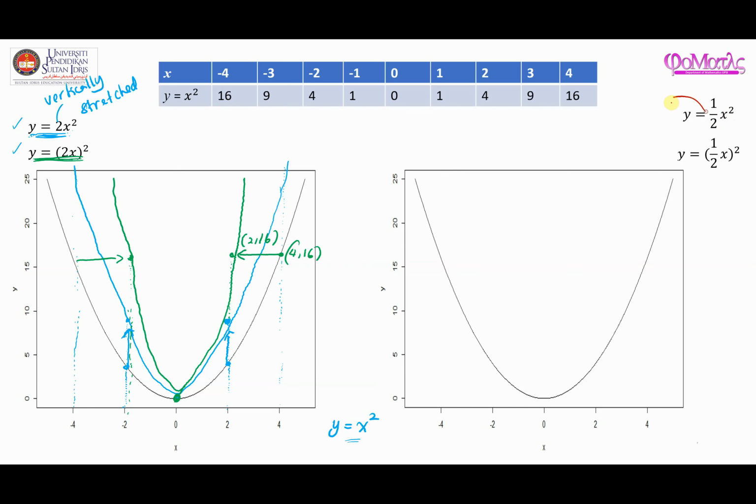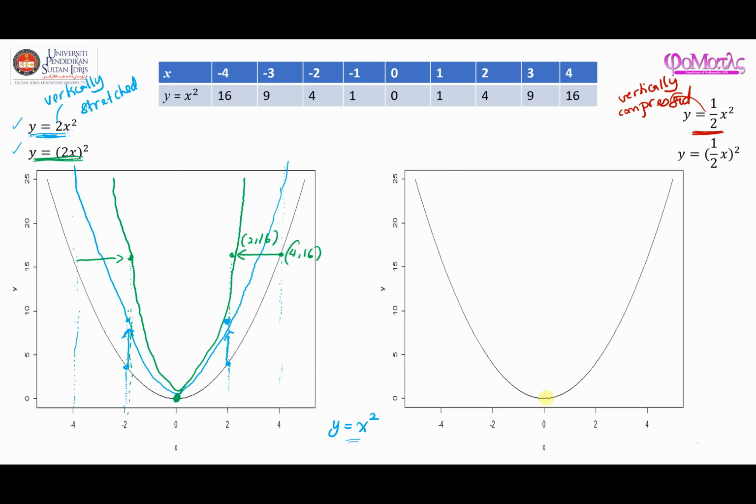That means you're talking about vertically compressed. And this one, 1 over 2 is inside the function itself, so this will be horizontally stretched. So now let us do this function first.